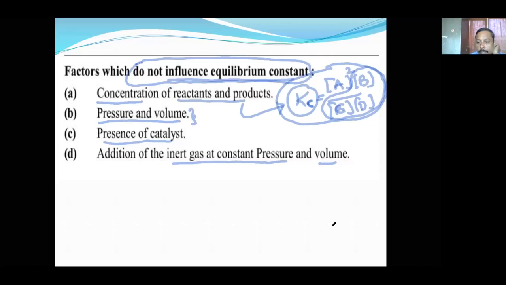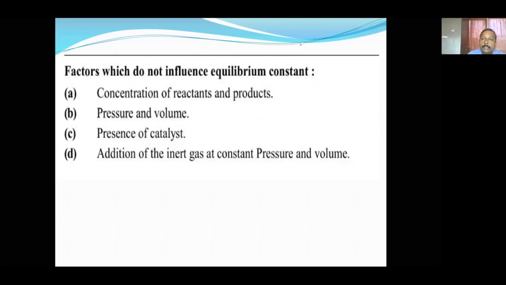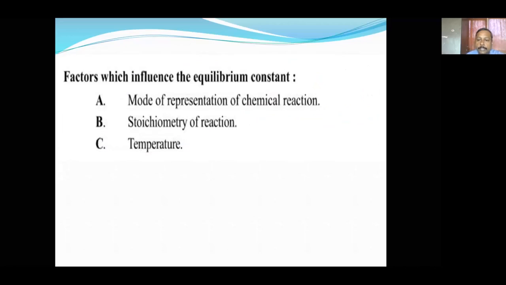When people ask what factor influences the equilibrium constant, 90% of the students know that it is only temperature. But surprisingly, there are these many factors on which the equilibrium constant depends. Temperature is famous, but to make yourself famous you should know the unfamous factors also. First, mode of representation of a chemical reaction.